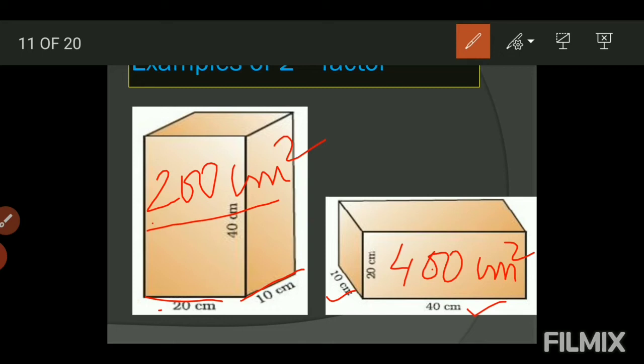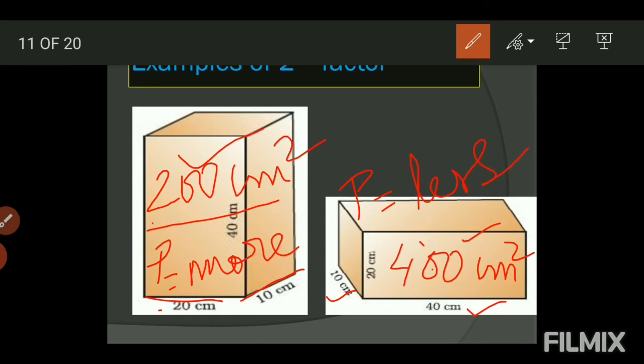And in this case, the surface which is in contact with the ground is 40 into 10, that is 400 centimeter square. So now, when you see the area and compare them, you can obviously see because this area is less, so the pressure is more. Here the area is more, so the pressure is less.